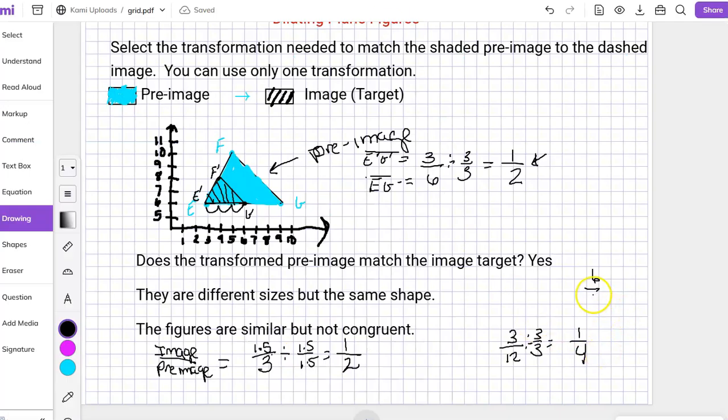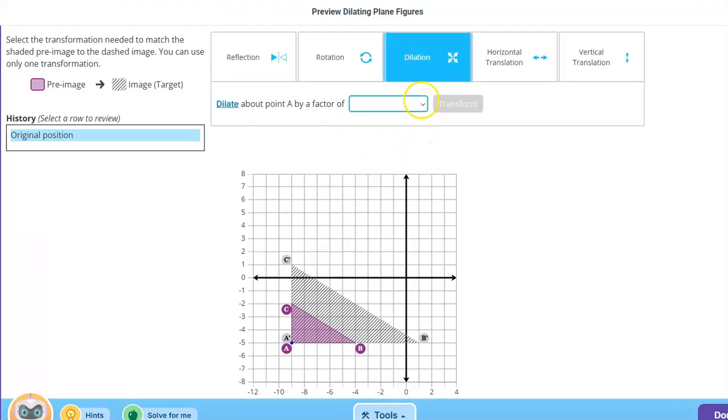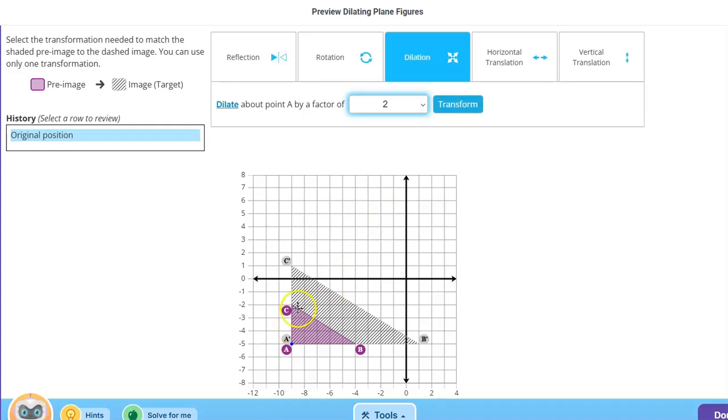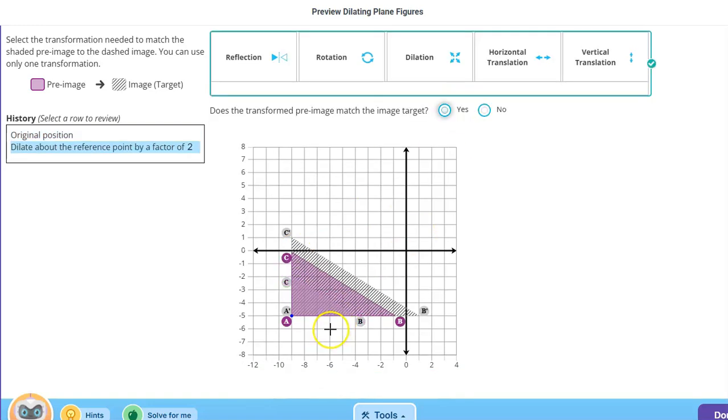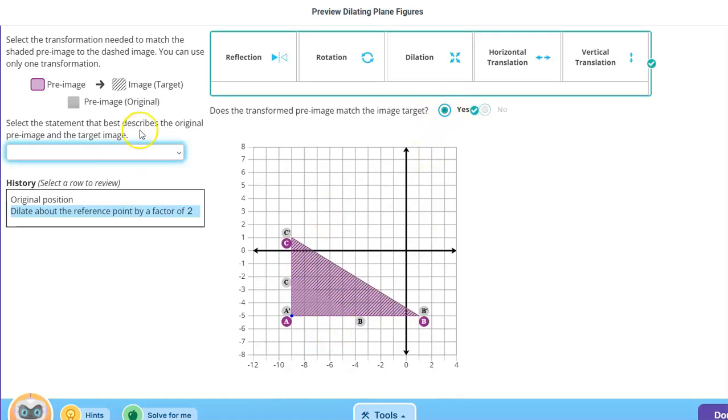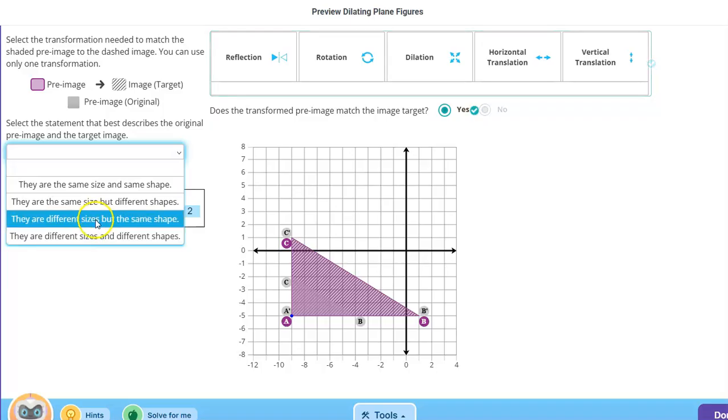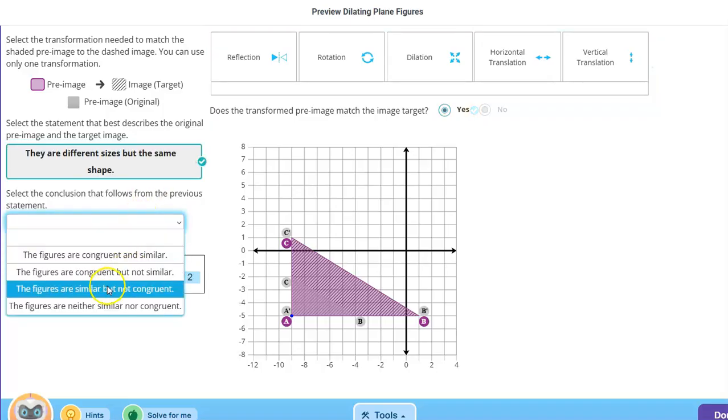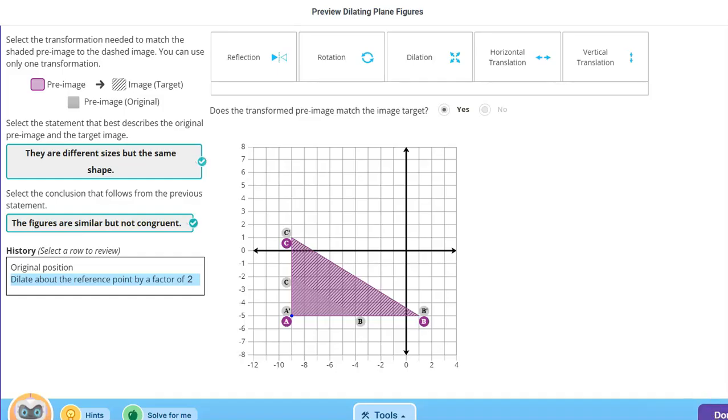So 6 over 3. Well, I know that I can divide both of these by 3, and I end up with 2 over 1, or 2. So this one's not a fraction. This one's dilated by a whole number, and it's because it was small and it went big. So the answer is yes. And then they're different sizes but same shape. Figures are similar but not congruent.